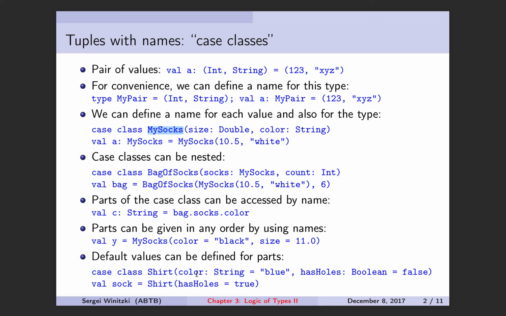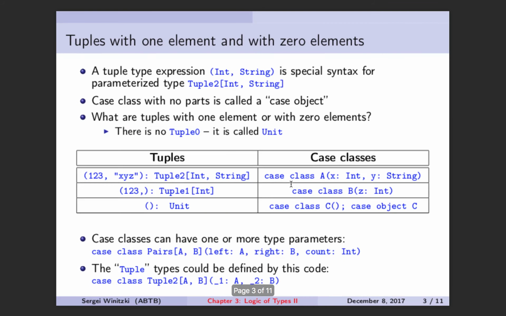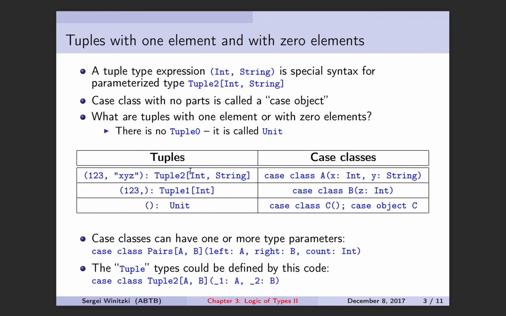I give examples of how to work with case classes. And I give examples of case classes or tuples that have 0 elements, 1 element, and 2 elements, and how they could be defined as tuples or defined as case classes. And a very important type called unit is essentially equivalent to a tuple with no elements, or equivalently it can be a named tuple with no elements, or named unit.